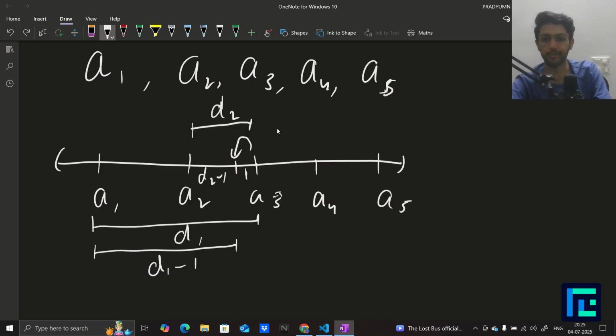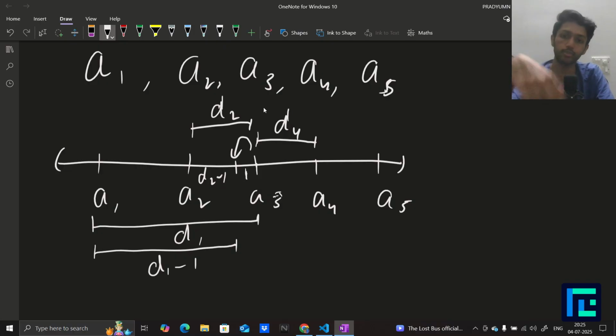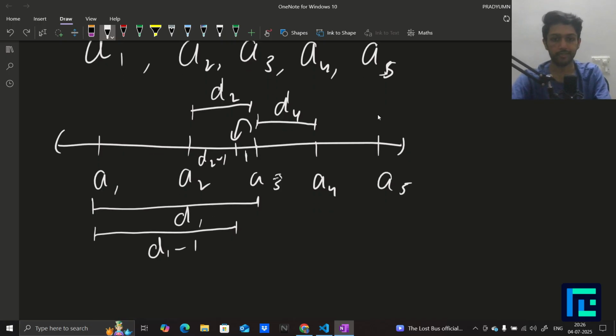But what about a4 and a5? Initially they were traveling only this much distance, let's say d4, but now they have to travel one more. So now they have to travel d4 plus 1, and similarly a5 has to travel d5 plus 1.